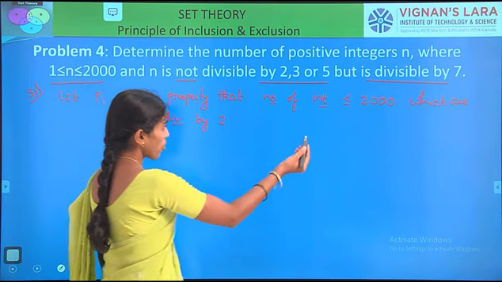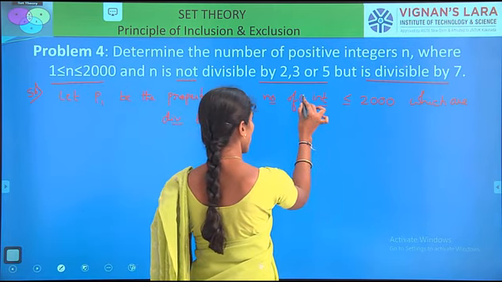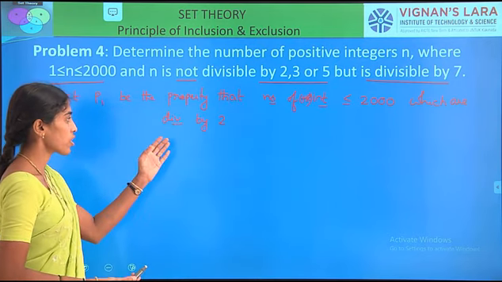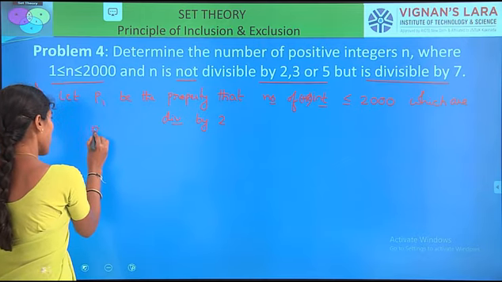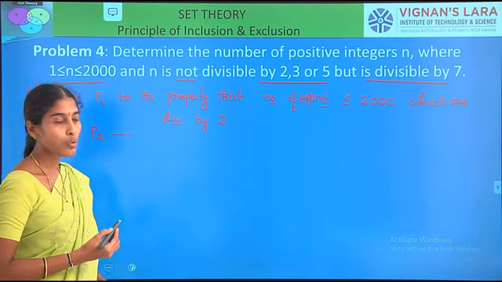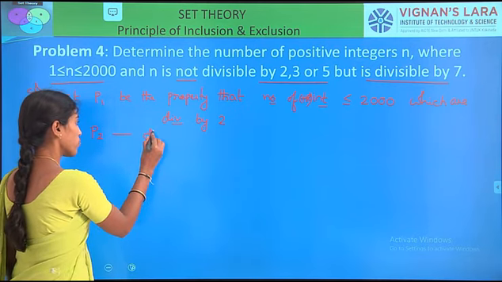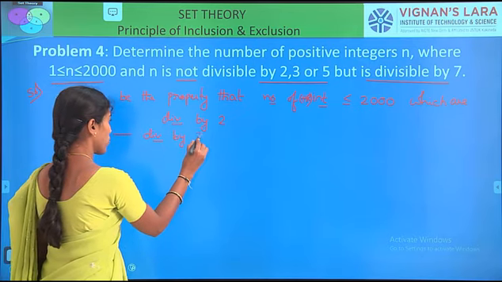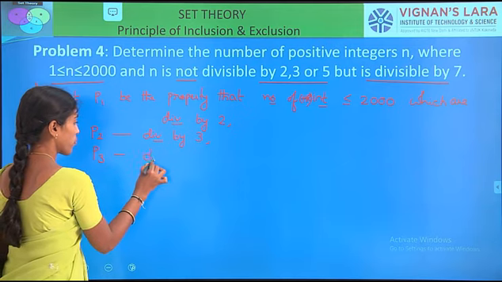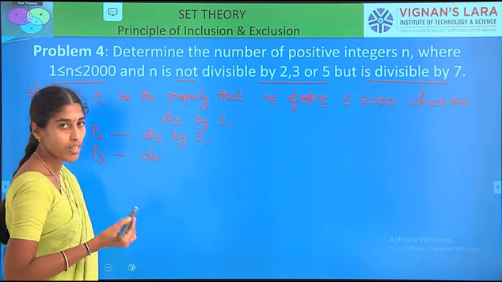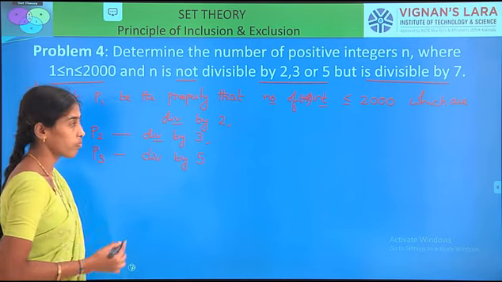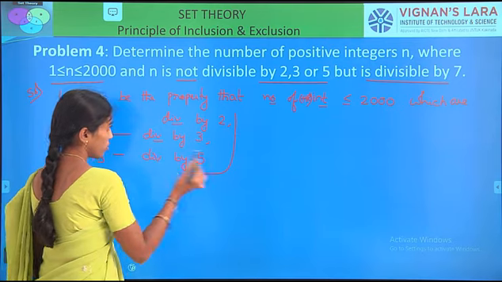These are positive integers, so the number of positive integers less than or equal to 2000 which are divisible by 2. The same thing, let P2 be the property that the positive integers less than or equal to 2000 are divisible by 3. Then P3 be the property that positive integers less than or equal to 2000 are divisible by 5.